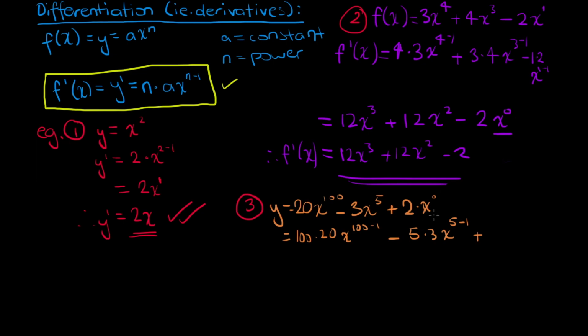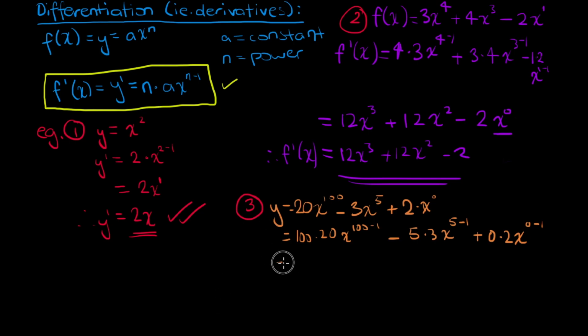Now, if we have x to the power of 0, we've gone back to our original formula, which was deriving a pronumeral. So now we can just do it the same way. Again, bring down the power and multiply it by the constant at the front. So 0 times 2. Rewrite the pronumeral, rewrite the power and minus it by 1.